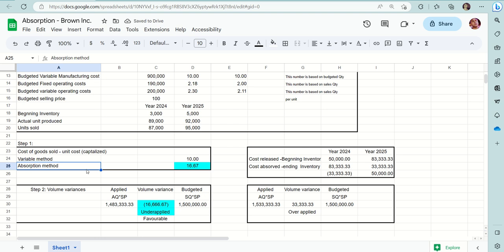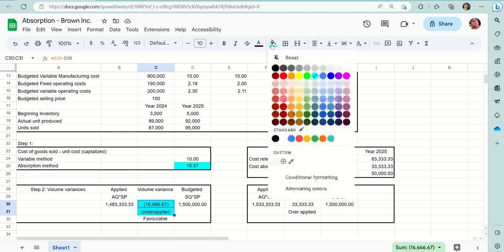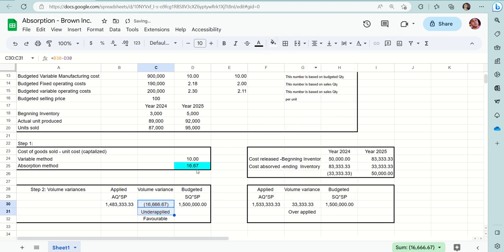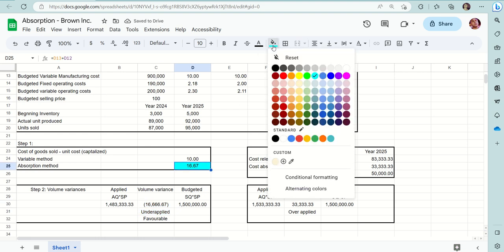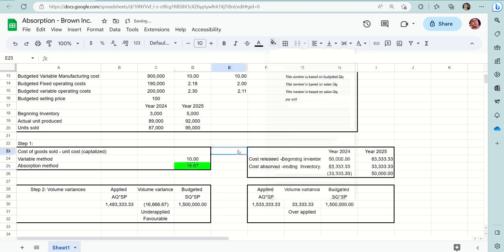Now with respect to absorption costing, highlighted in Keon right here, it is slightly different. I'm going to change that highlight to green.